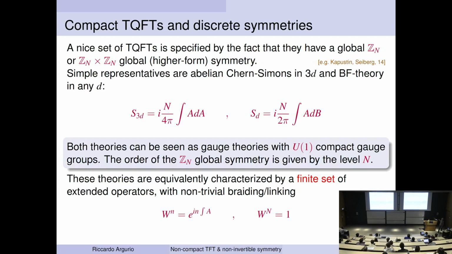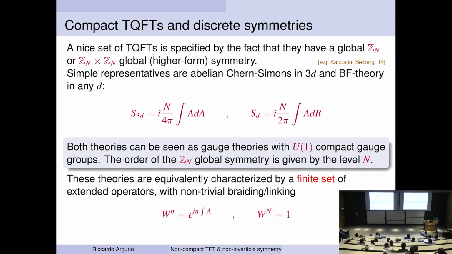What I want to emphasize is that these theories can be formulated from a Lagrangian or path integral point of view, path integrating over connections which are in U(1), so in a compact gauge group. The order of the global symmetry is fixed by this level here, which has to be an integer, and I call it n.